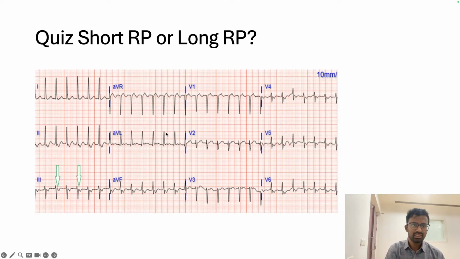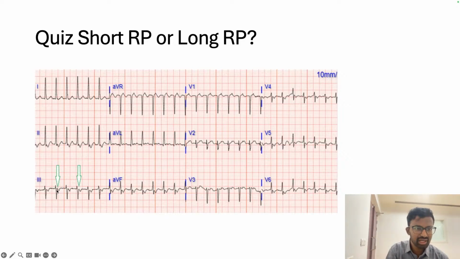This is another ECG example. Again we are going to look at lead 2, lead 3 and V1. V1 also has a P wave, and in lead 3 and lead 2 also we can see the P wave. The more prominent P waves are seen in lead 3.